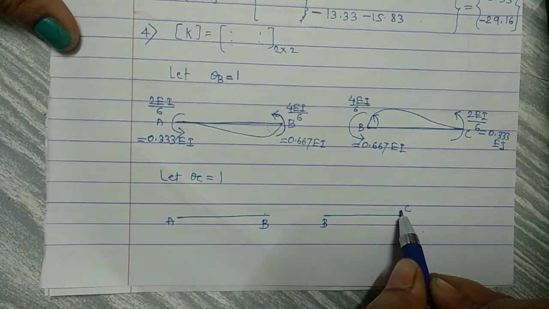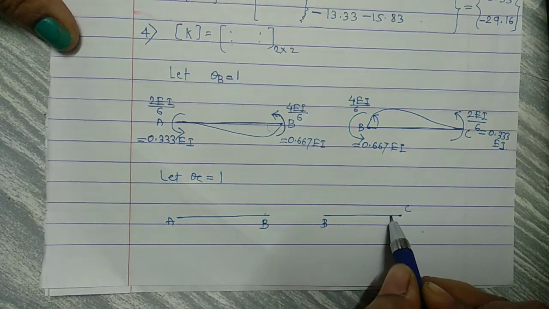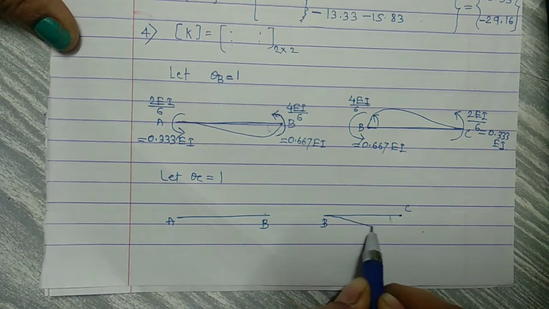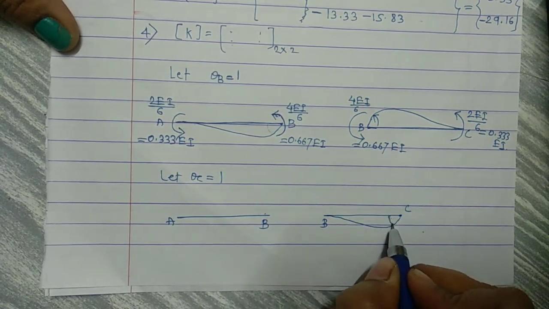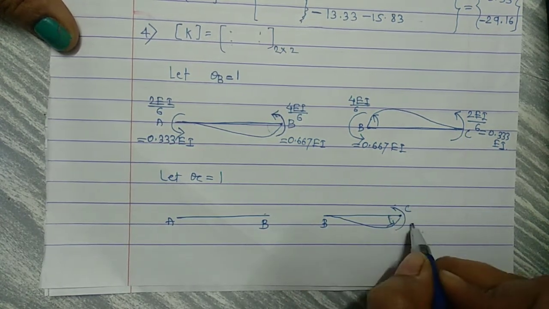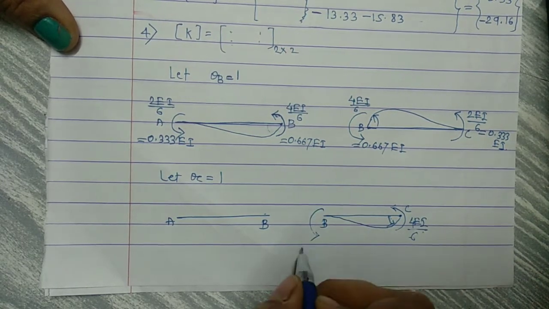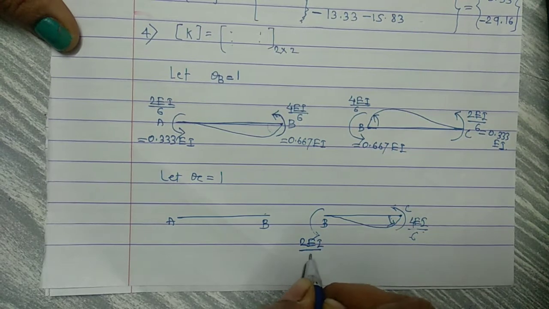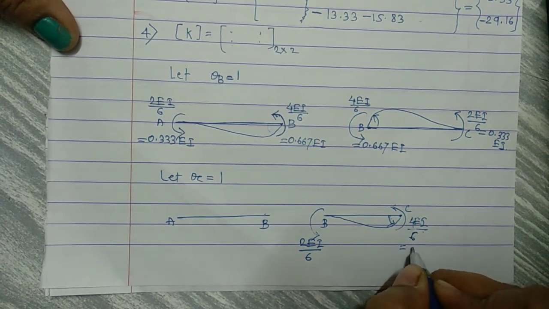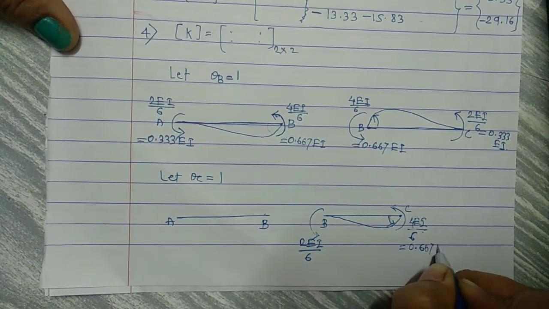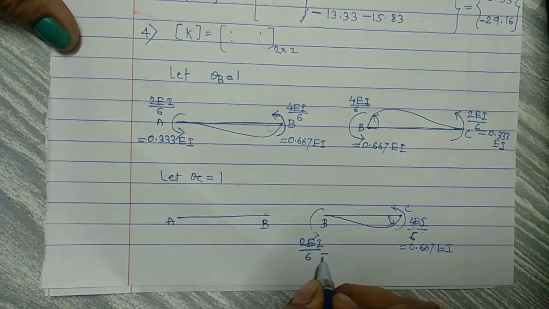So here at C point, in the positive direction, this member bends in the downward direction. So here the rotational stiffness is 4 EI upon 6 and this side 2 EI upon 6. So that value is 0.667 EI and here 0.333 EI.